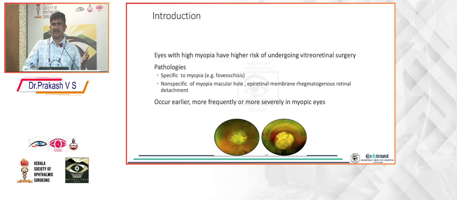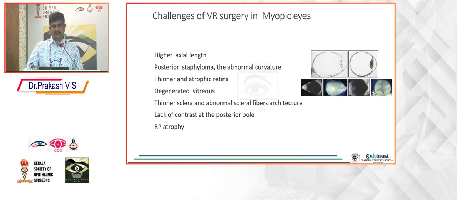There are complications which are specific to myopia, like myopic traction maculopathy, which you don't see in normal eyes. But all other complications that normally happen in normal eyes, like an ERM, macular hole, or a retinal detachment, can also happen in myopic eyes. But they happen at a more severe level, and they happen earlier in a younger age group. So that is the anatomic problem that we face with myopia.